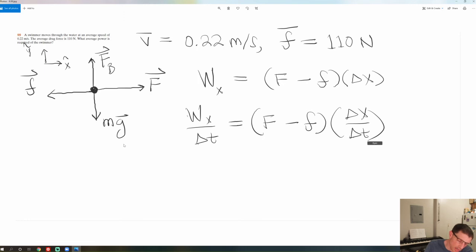And if we identify the left-hand side here with the average power and the right-hand side with this force and then v bar, right? And remember, we're able to say that it's the average velocity because we're thinking about the average power, right? So a discussion of the average power in this situation implies a discussion of the average velocity.